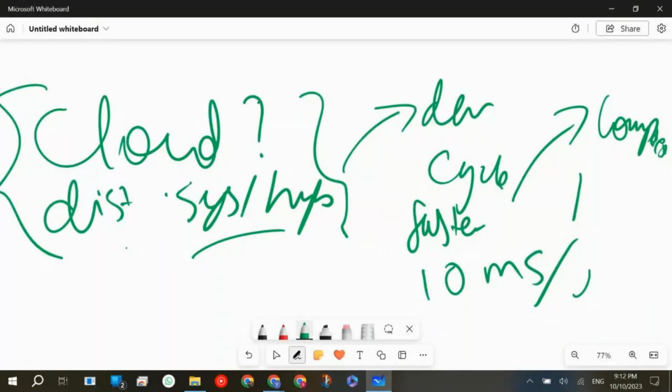Not only the languages, even the DB: one will be using MySQL, one will be using DynamoDB, some microservices will be integrated using Spring Boot. That way the complexity is increasing day by day. And obviously the development has become faster.